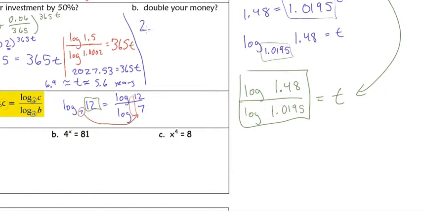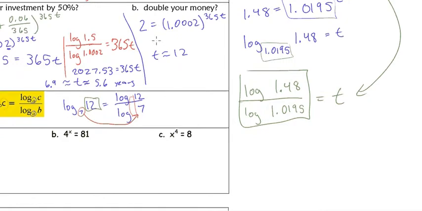So we need 2 equals that same setup, so equals 1.0002 to the 365t. And as you work through this, you should end up with t being right around 12 years.